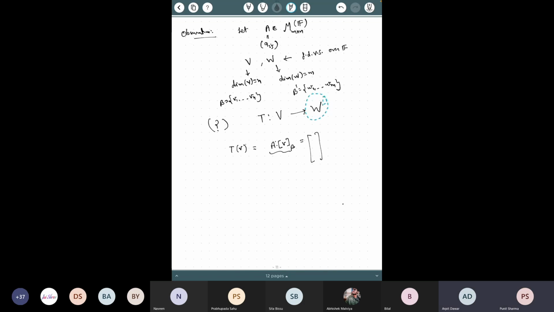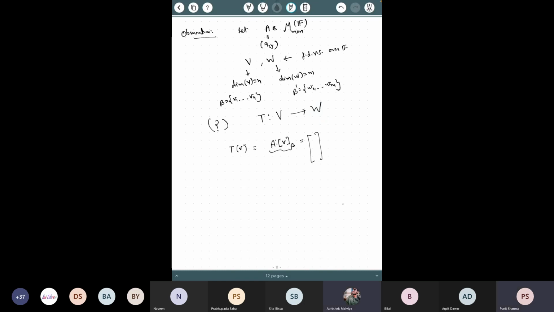Sir, summation Aij Wi will be in W, right? I am not saying Aij Wi. Look here, this A is a matrix, this is a vector, so this multiplication would be a vector. Now this is a vector, but the elements of W may not be of this form. Now can you use the entries of this vector to make a vector in W?